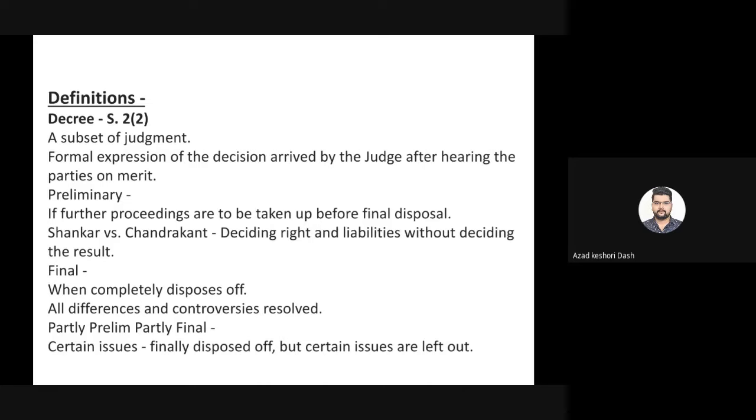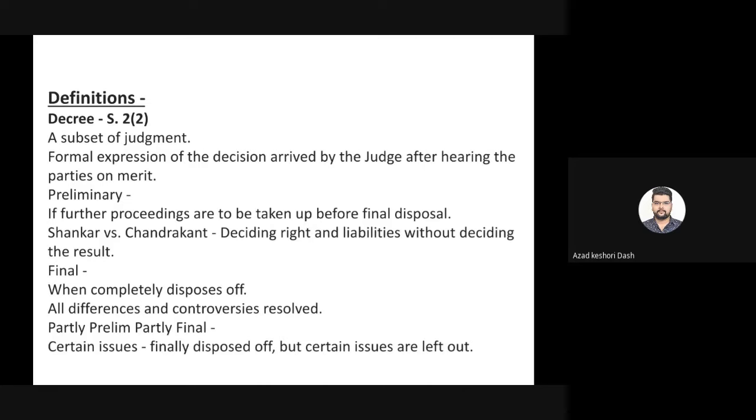It's decree. Decree is nothing but a formal expression of an adjudication made by a judge after hearing both the parties on merit, and then giving a formal expression of that decision. That will be a decree.